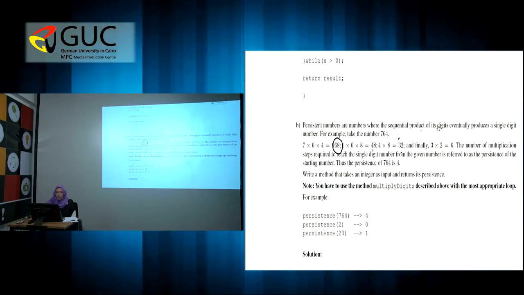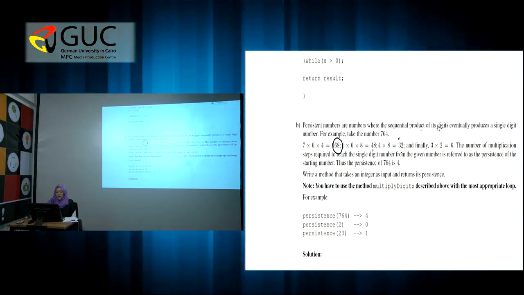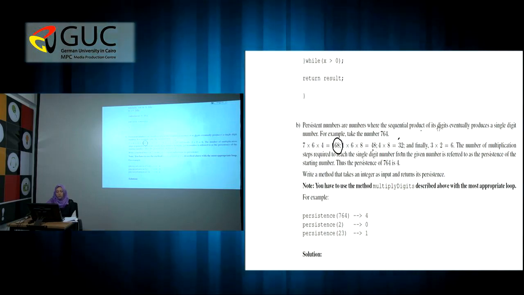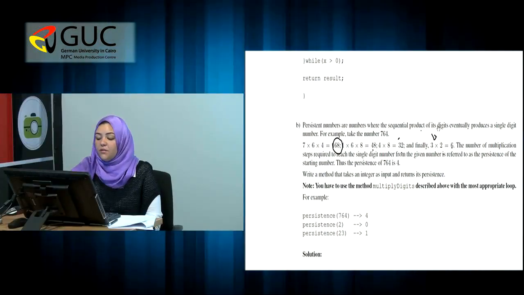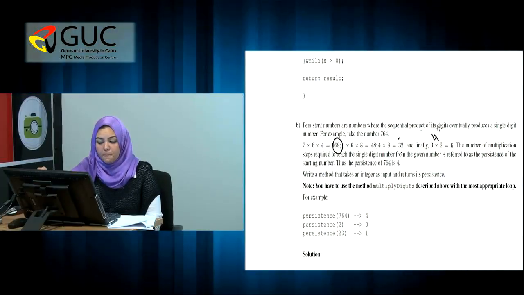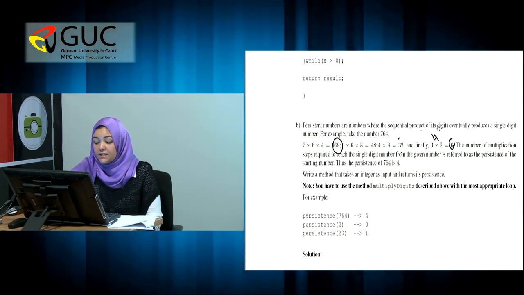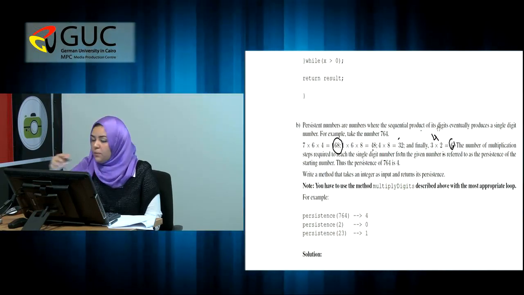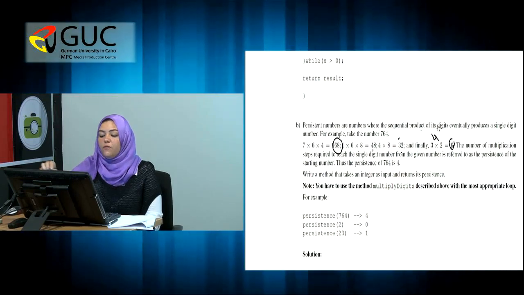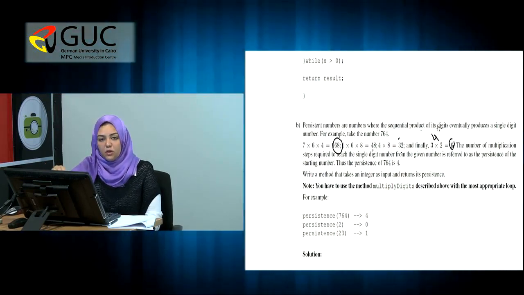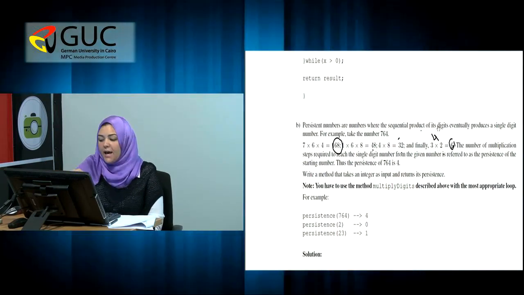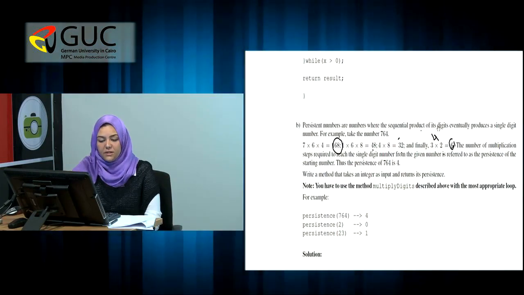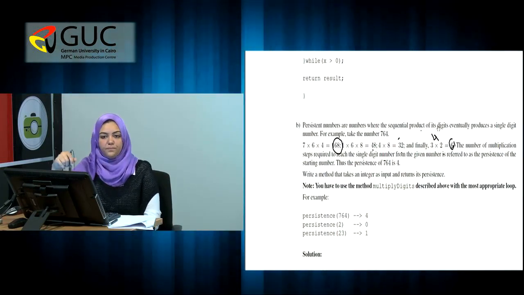Still 32 is not only one digit, so I have to continue. You will multiply 3 times 2. It will give you 6, and this is the fourth multiplication done. And then you have 6. 6 is a single digit, you will not multiply anything. So if you want to calculate the persistence of a number, we will do this, and you will say that the persistence for this number, for example, is 4.